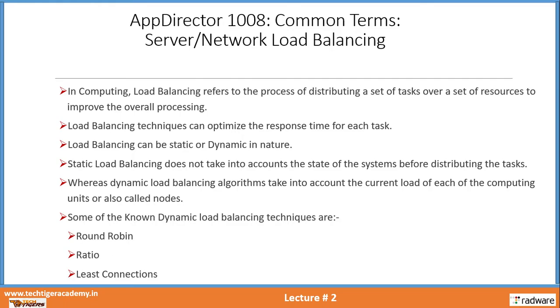Network load balancing, server load balancing. In computing, load balancing refers to the process of distributing a set of tasks over a set of resources to improve the overall processing. Load balancing techniques can optimize the response time for each task. Load balancing can be static or dynamic in nature. Static load balancing does not take into account the state.